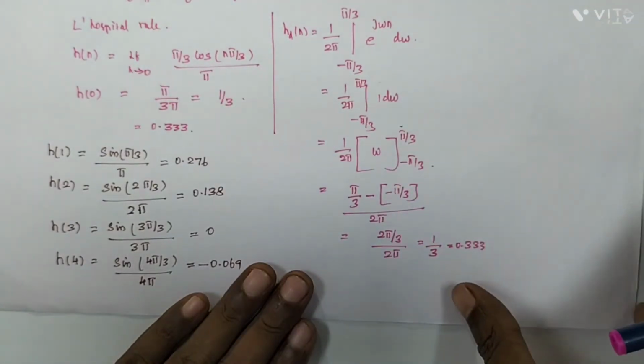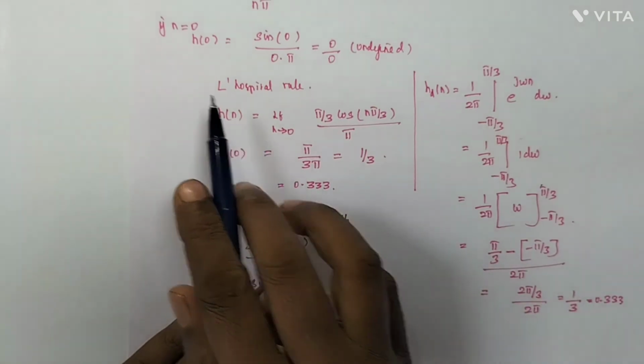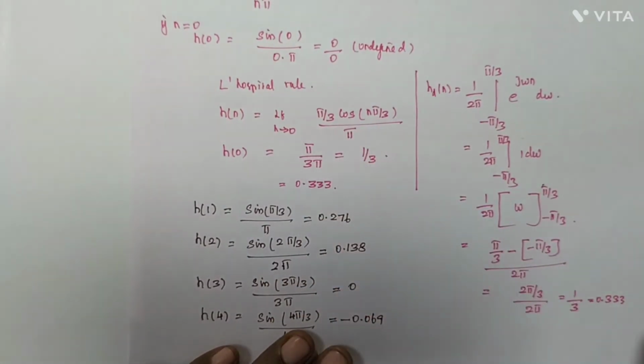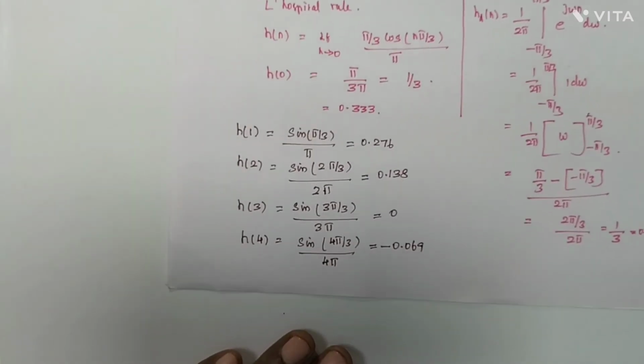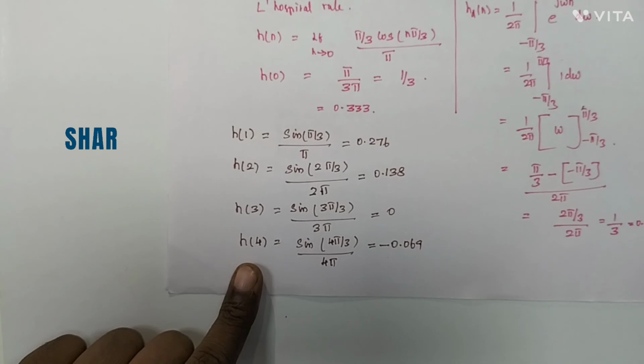Then for different n values, find the actual response. If you put n is equal to 0, it is undefined. So apply the L'Hospital rule, or put n is equal to 0 in the desired response and find the value. And for different n values, find the filter coefficient.